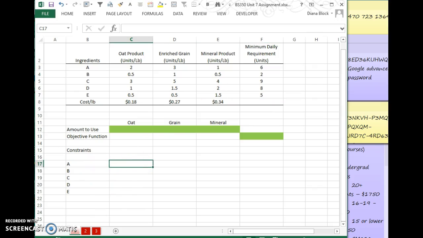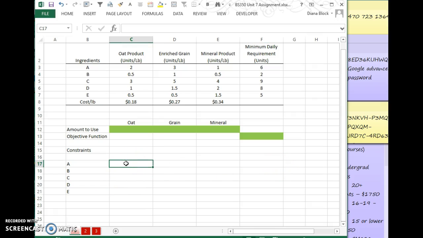And so what you're going to do to solve this problem is you're going to indicate how much A is in each unit of the oat product, of the grain product, and the mineral product, and that minimum requirement needs to be greater than or equal to 6. So that's what you're going to add down here.